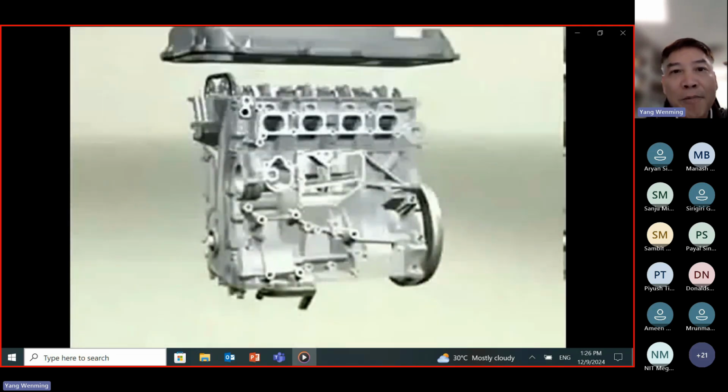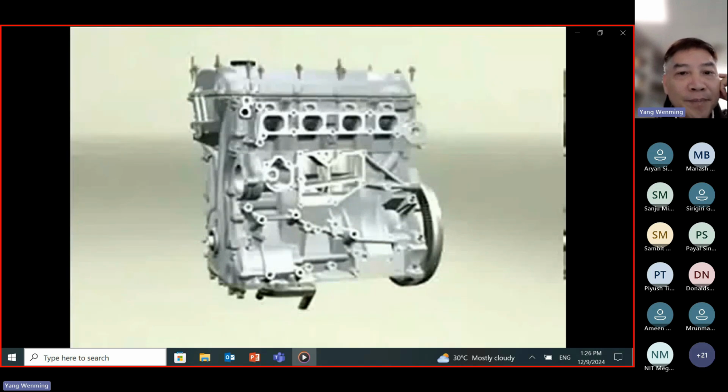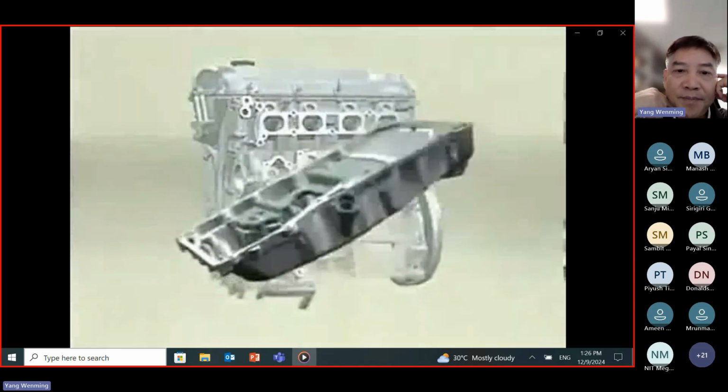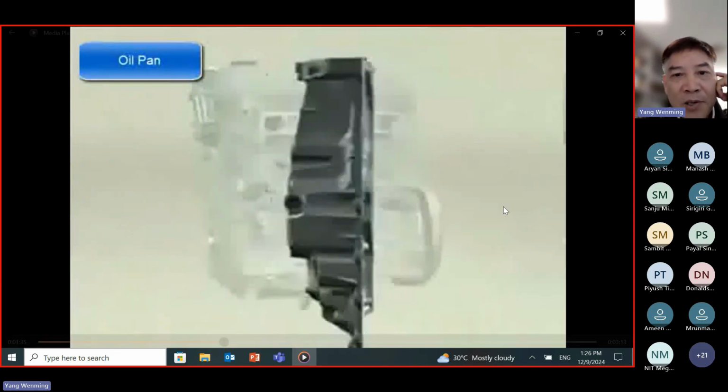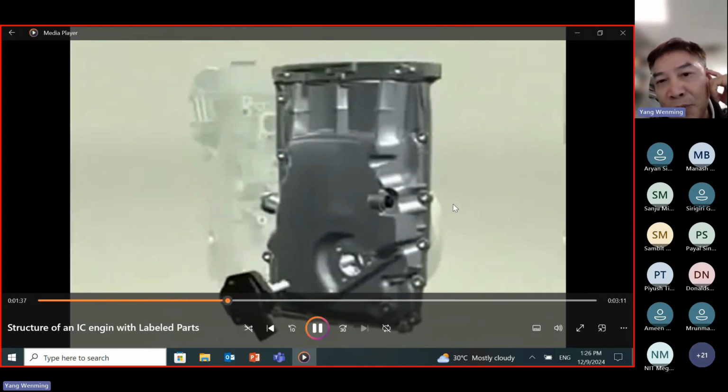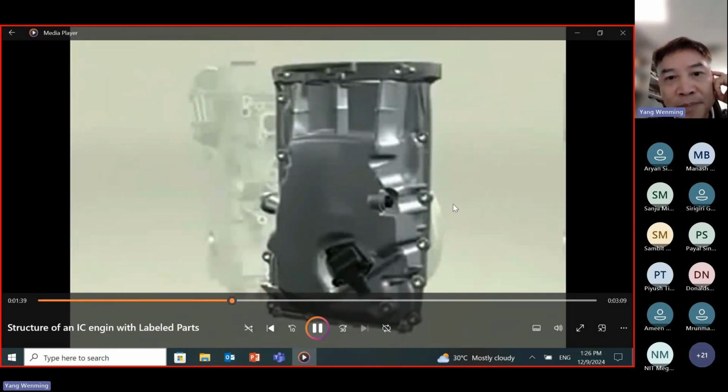This one is just a cover for the cylinder head. And this one is the oil pan, used to store the lubrication oil.